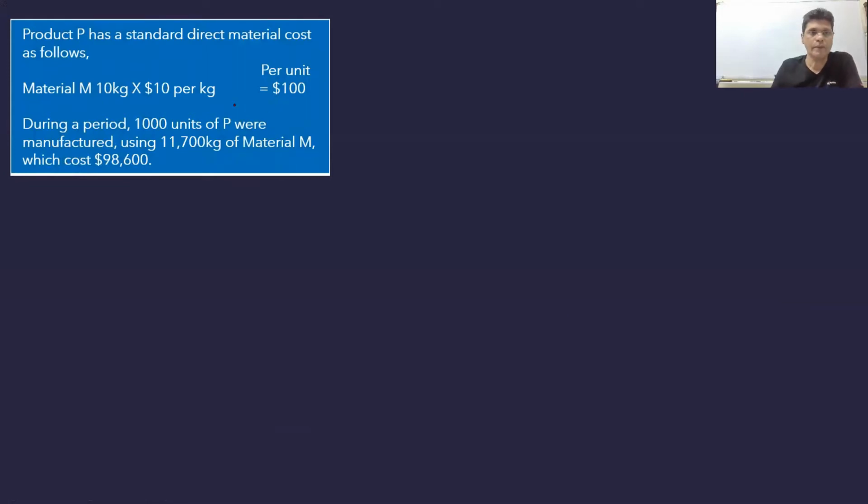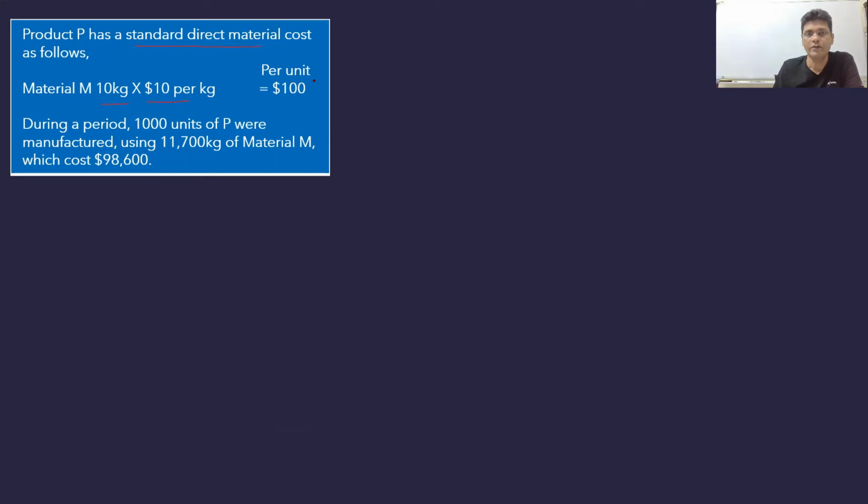Now product P has a standard direct material cost as follows. This is the standard direct material cost, basically our plan, our budget. What is our plan? We were planning to use material M, 10 kg, at a cost of $10 per kg.